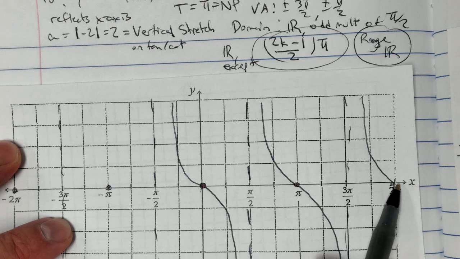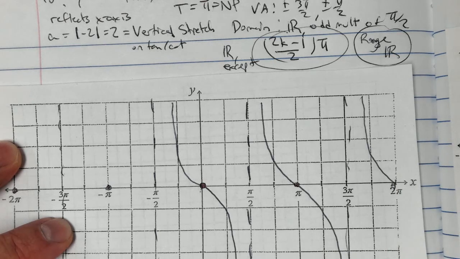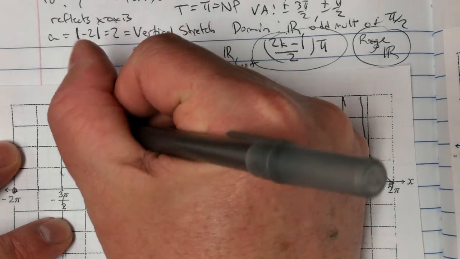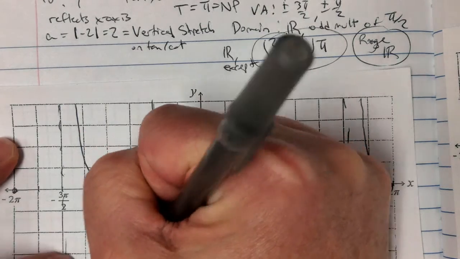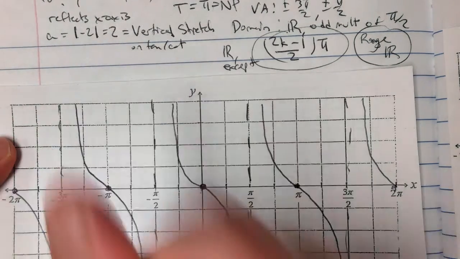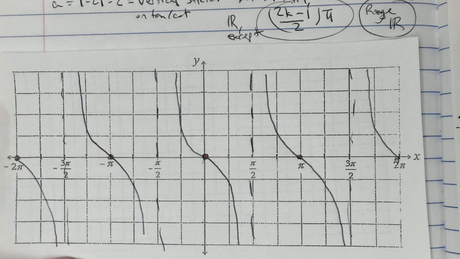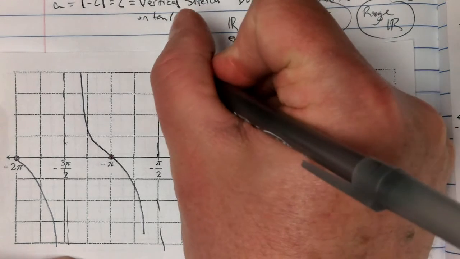This one, I'm stopping right there at the 2 pi. So that's what it looks like. So that's the negative 2 tan x.